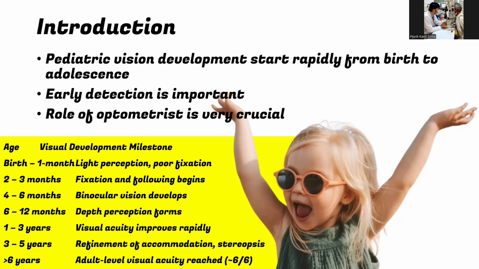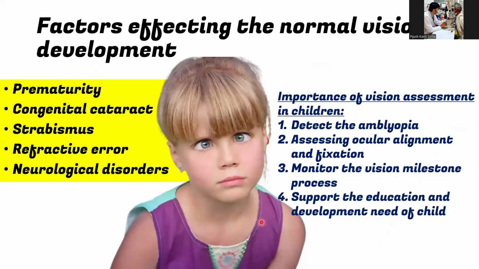So overall, vision does not develop instantly at birth. It's a gradual process that continues throughout early childhood, and each stage prepares the child for the next level of vision function. Factors which affect normal vision development include, for example, if the baby is born premature, then the vision development will not be as good as a normal baby.